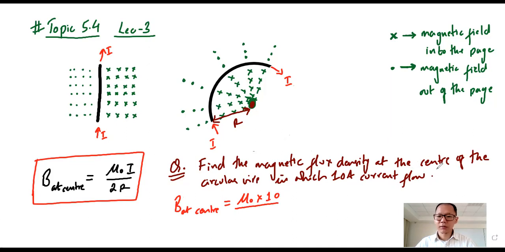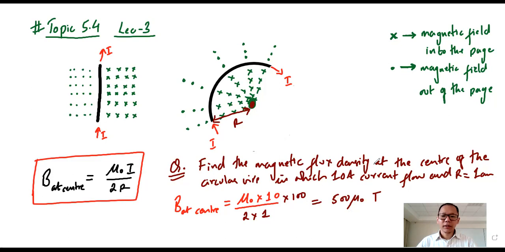Let us assume the radius of the circular wire to be 1 centimeter. So if you have the radius as 1 centimeter, just do 1 divided by 100, so you have like 500. This is how you find the magnetic field at the center of a circular wire.